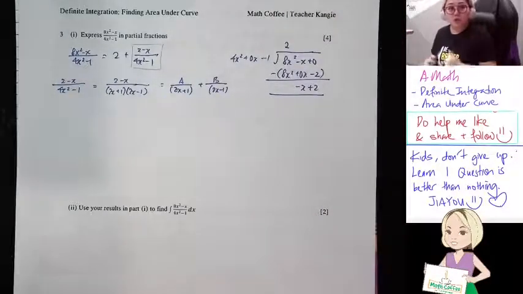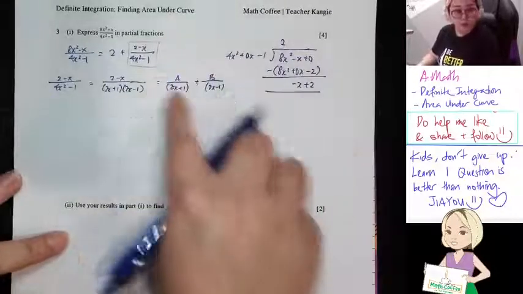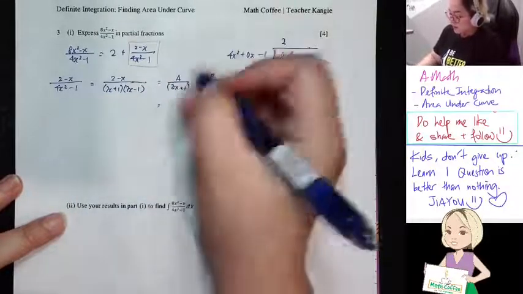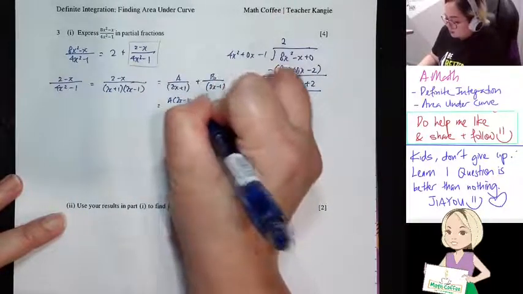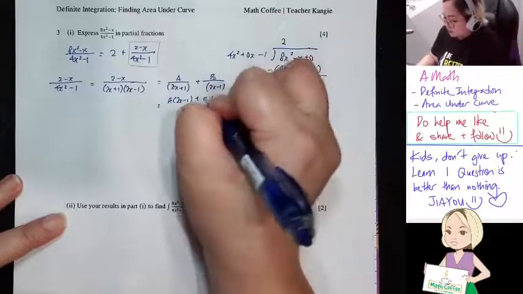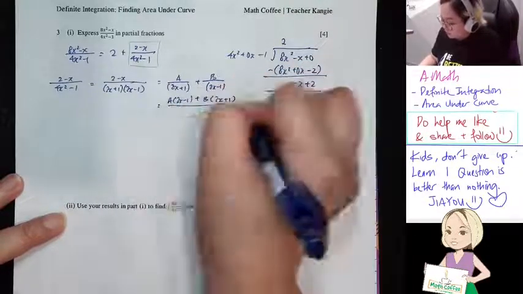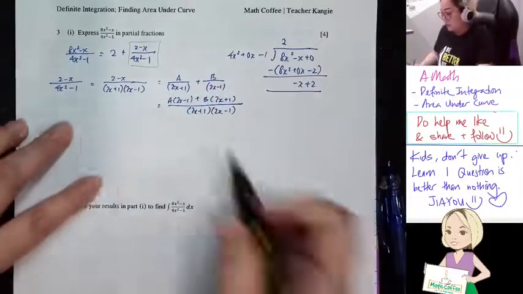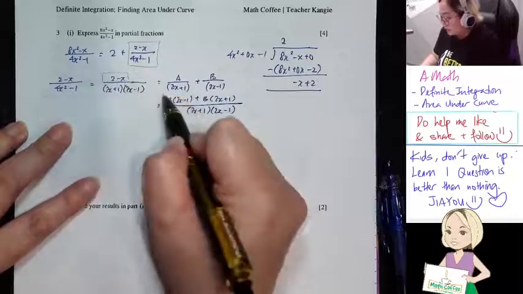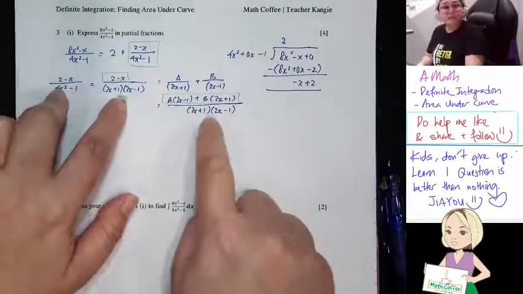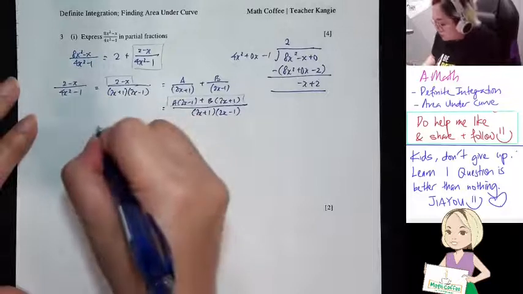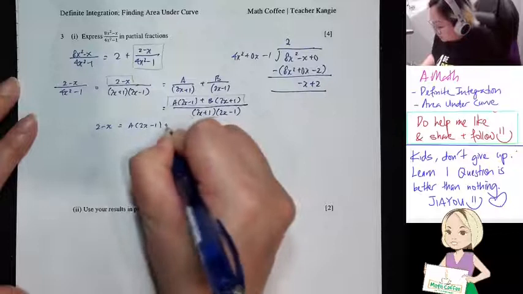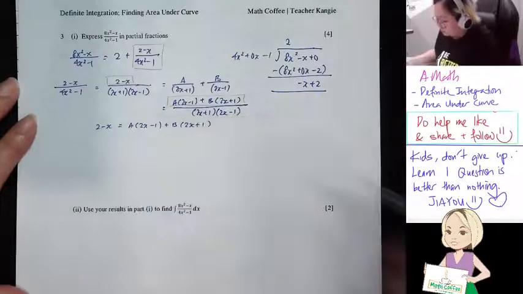Now next, we got to combine this into a single fraction. So my common denominator is these two brackets. So this a is missing a 2x minus 1. This b is missing a 2x plus 1, over 2x plus 1 and 2x minus 1. Now your task is to compare this and this, because the denominator is the same. So we will write, okay, 2 minus x equals a(2x minus 1) plus b(2x plus 1).